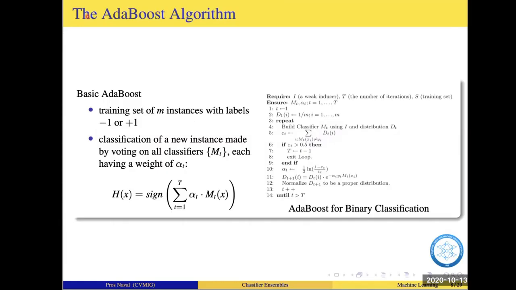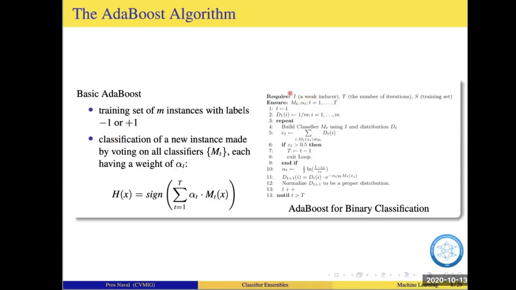Some more details of the AdaBoost algorithm. This is the most basic form of AdaBoost. Here, the training set of M instances will have labels -1 or +1. And this is the algorithm.